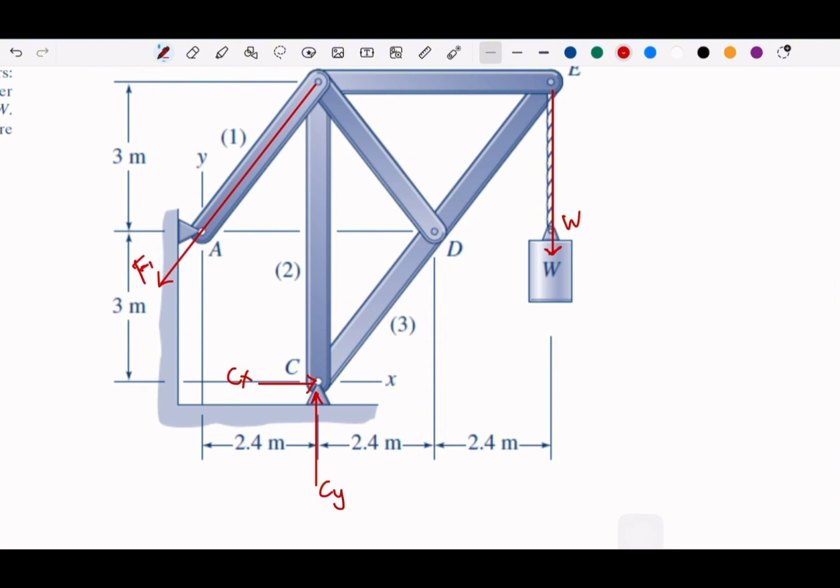And this will be, let's take this as our macro structure.